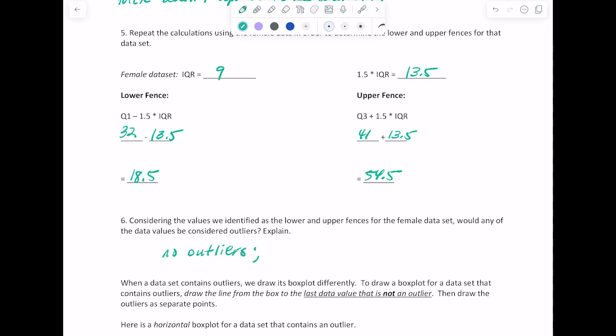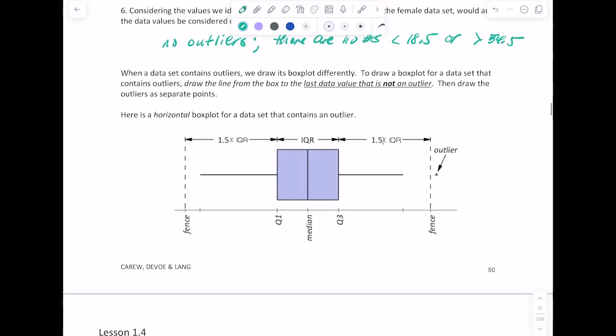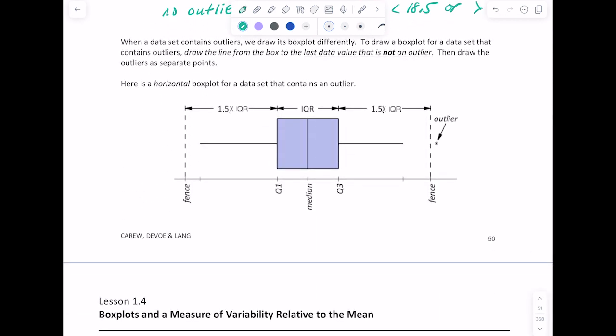Okay, and I'll put a little note here. There are no numbers in the 5-number summary less than 18.5 or greater than 54.5. So consider those your fences.